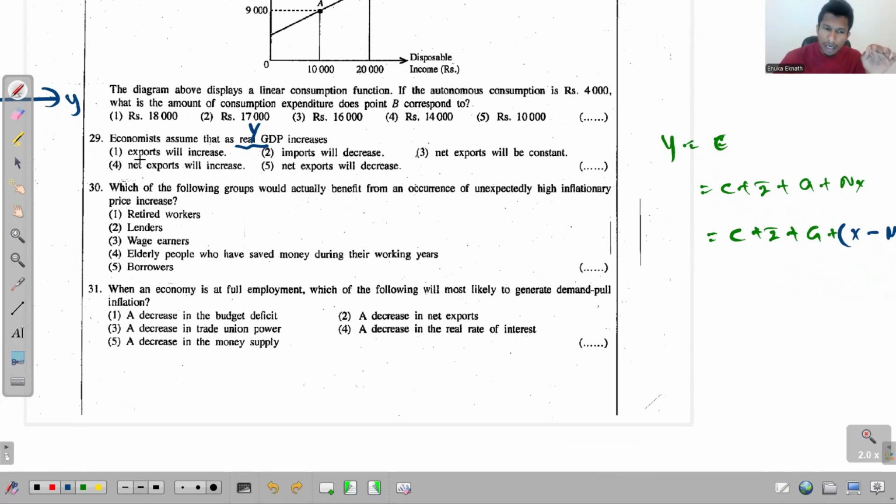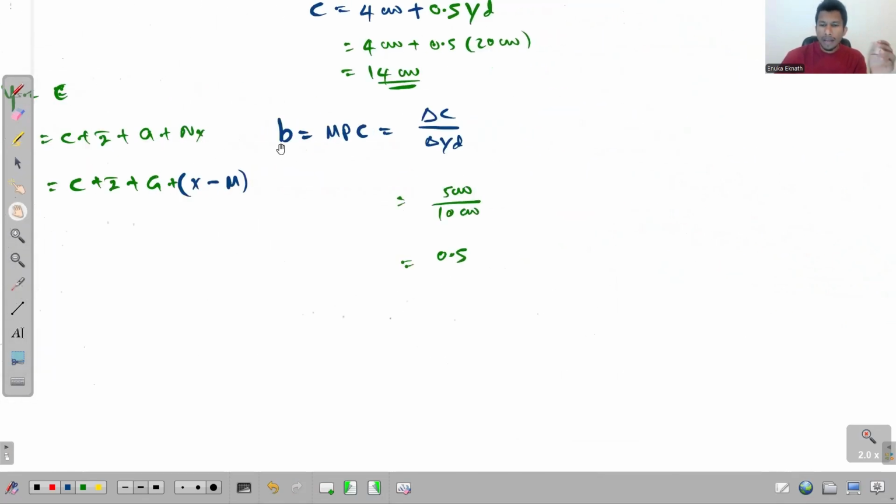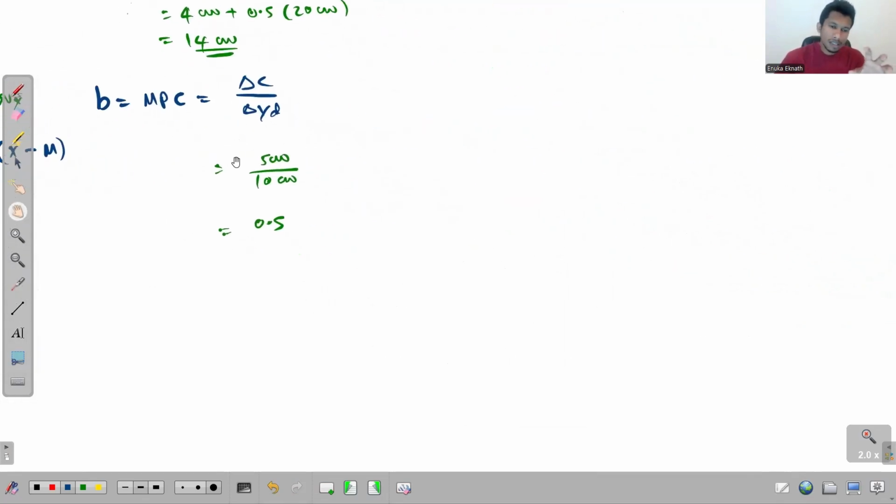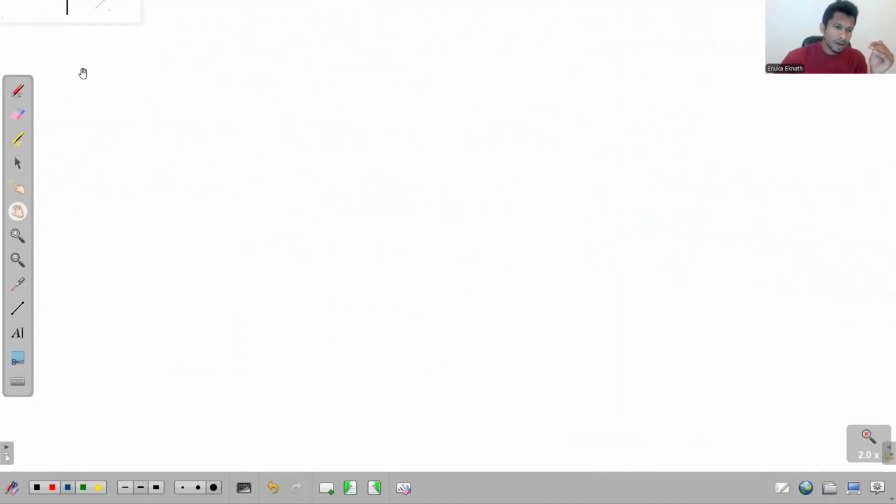You just need to recognize what impact it has on exports and imports. As we have discussed in the classes, we recognize exports as an autonomous expenditure. But in imports, we have both an autonomous part and an induced part.